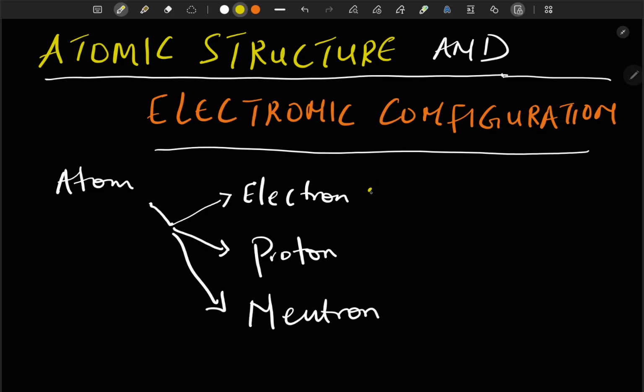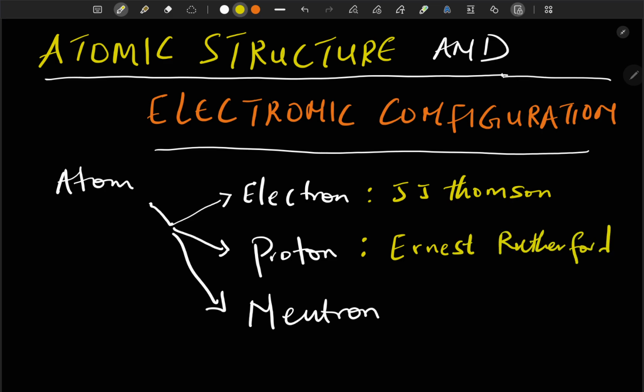Electron was discovered by the scientist J J Thomson, Joseph John Thomson. Proton discovered by Ernest Rutherford, and neutron discovered by James Chadwick.